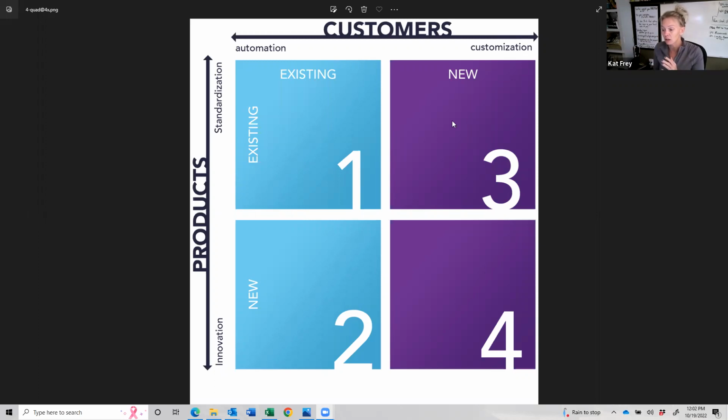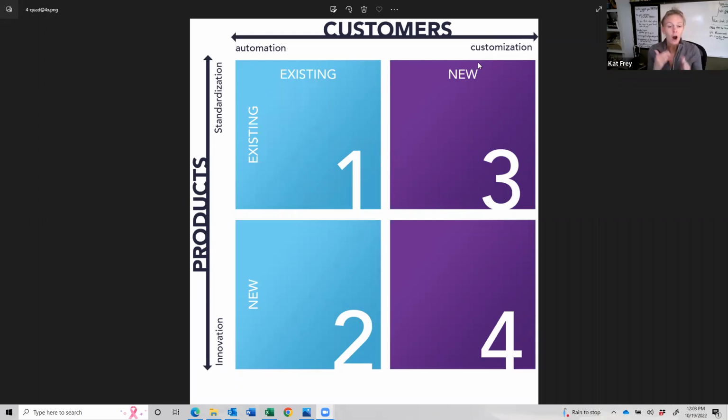So that's going to be this third quadrant. Again, an existing product that we have to sell to a newer customer. And maybe even we're suggesting here that you may have to customize that product. But again, it's something that you already know, you're comfortable with it, and you could maybe just tweak it a little bit.